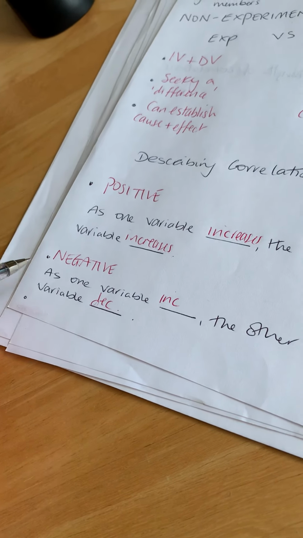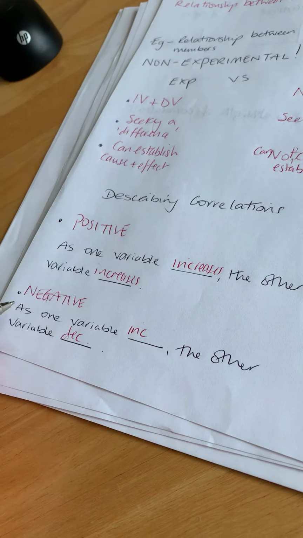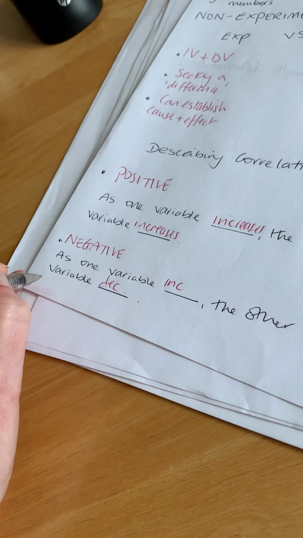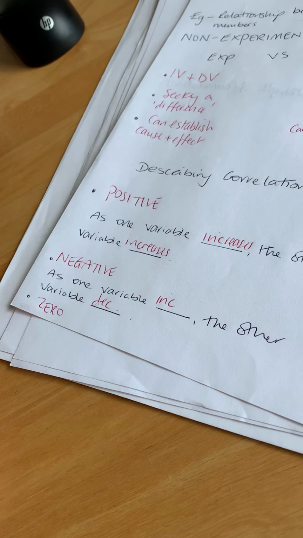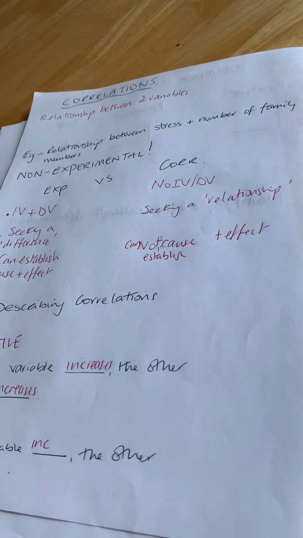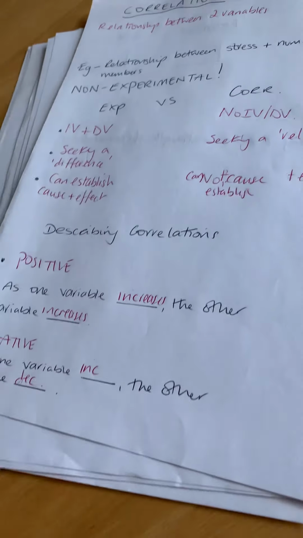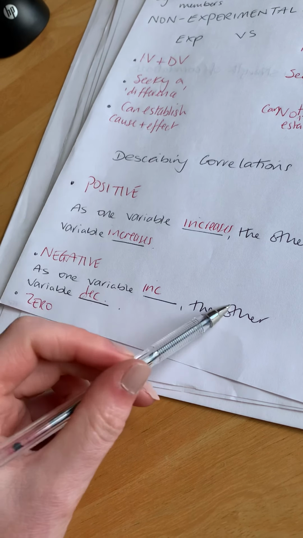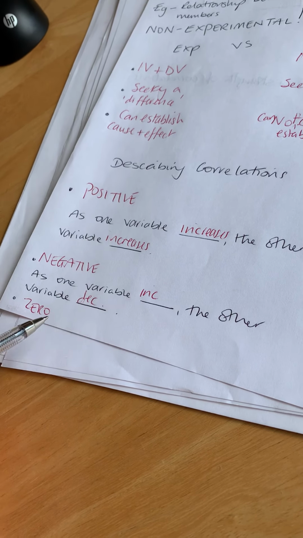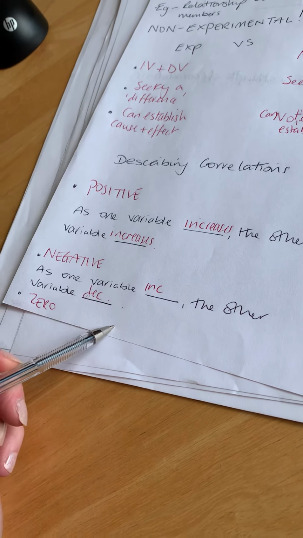And lastly, another final way of describing a correlation is just zero. Zero correlation. There is no relationship between the two variables. It's just zero correlation, no relationship established.